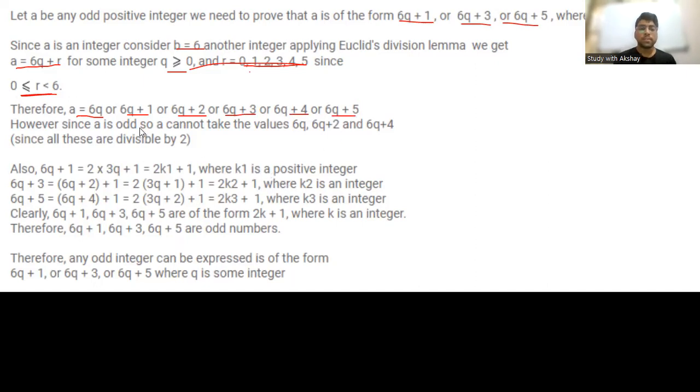So we know that a is odd, so it cannot be 6q, 6q plus 2, and 6q plus 4, since they are all divisible by 2.